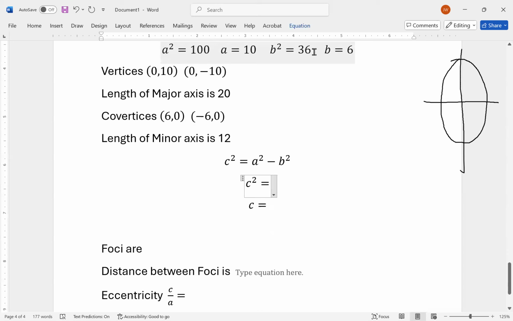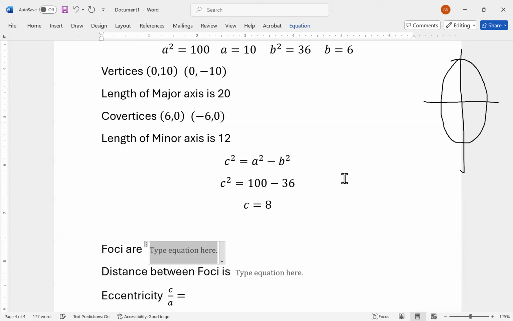Now, for c squared, in an ellipse, we have to calculate a squared minus b squared to get c squared. 100 minus 36 is 64. Square root of 64 is 8. So c is 8.